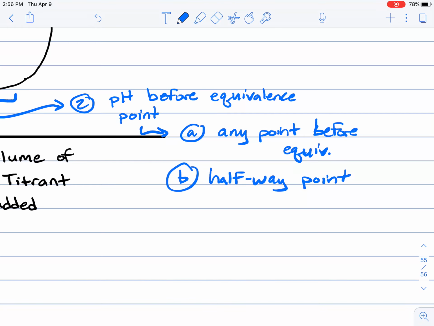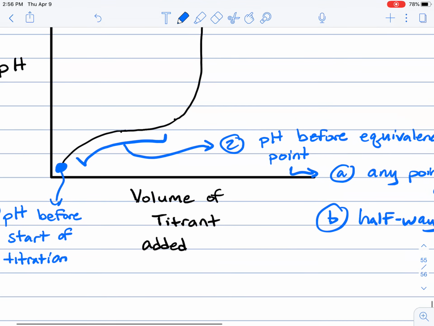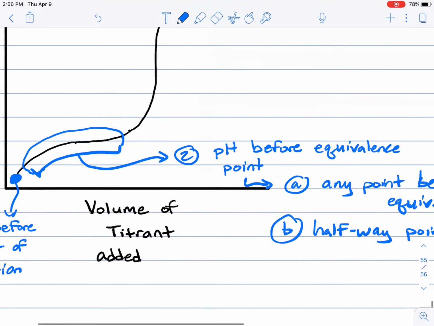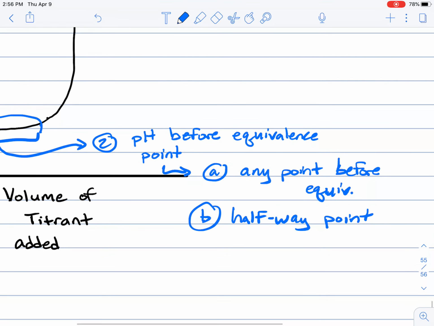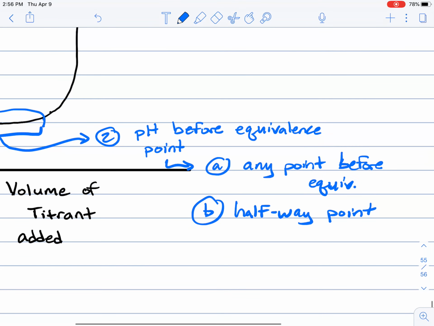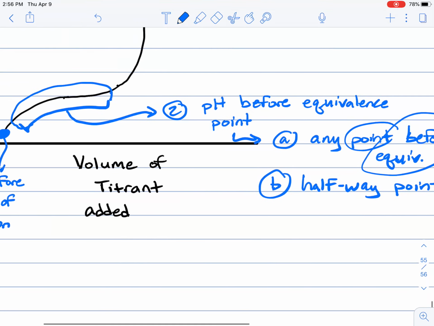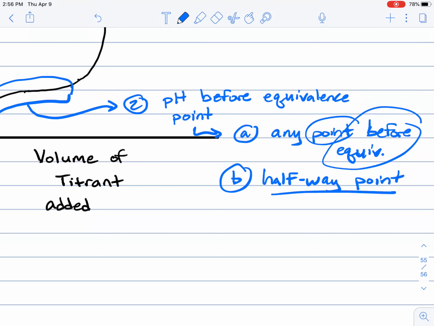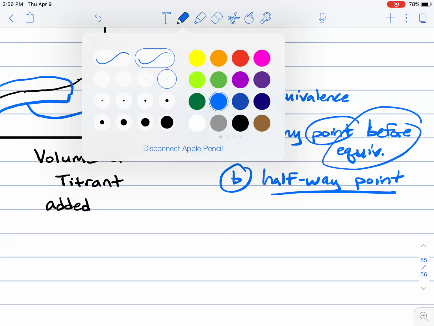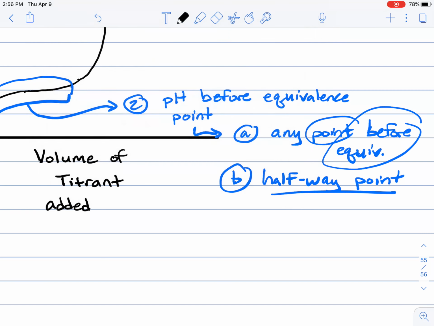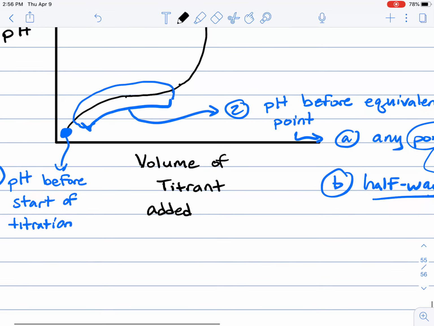In other words, we're trying to represent this whole blue section of the titration curve by calculating one point before the equivalence point, or by calculating the halfway point.